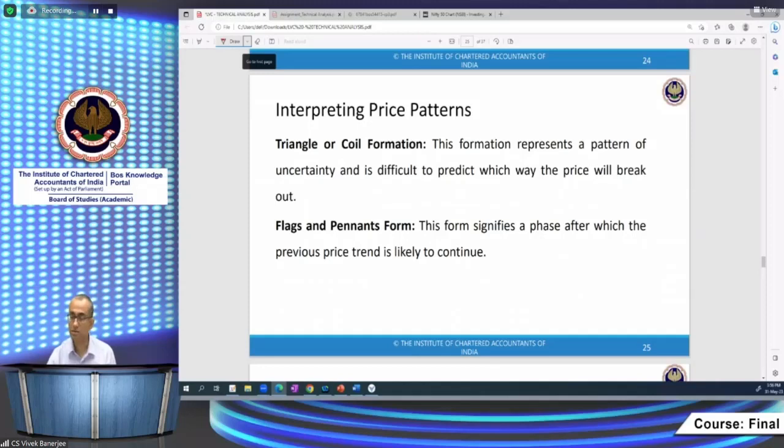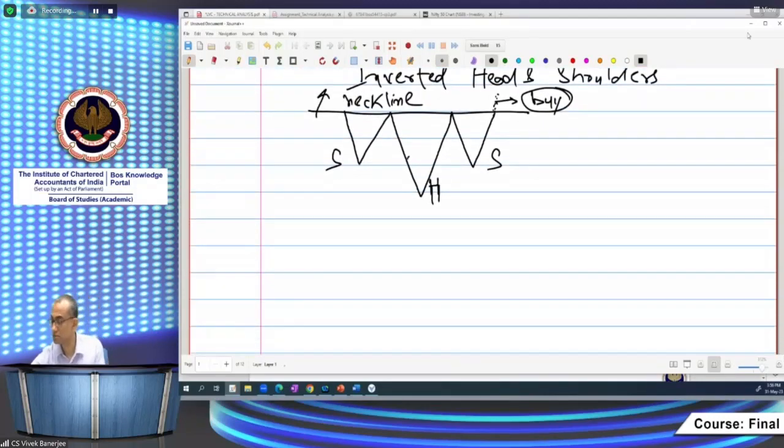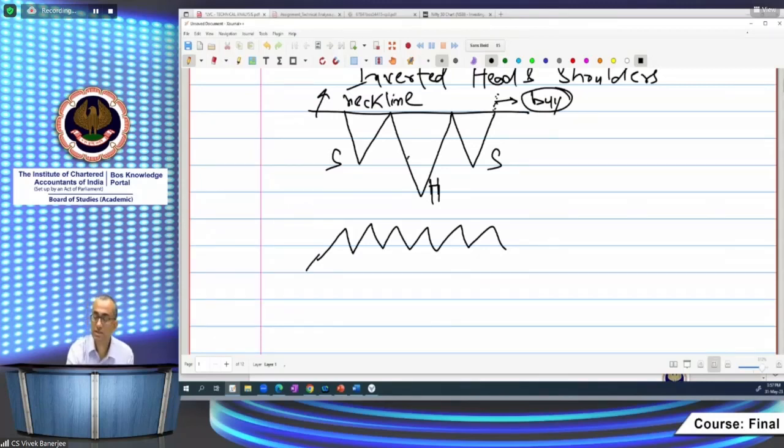Now come to triangle or the coil formation. ट्रायंगल और कॉइल फॉर्मेशन, इसको भी मैं थोड़ा सा और एक्सप्लेन करता हूँ डायग्राम से. तो बेसिकली ये एक कॉइल फॉर्मेशन है, बिकॉज ये कंफ्यूजन क्रिएट कर रहा है.